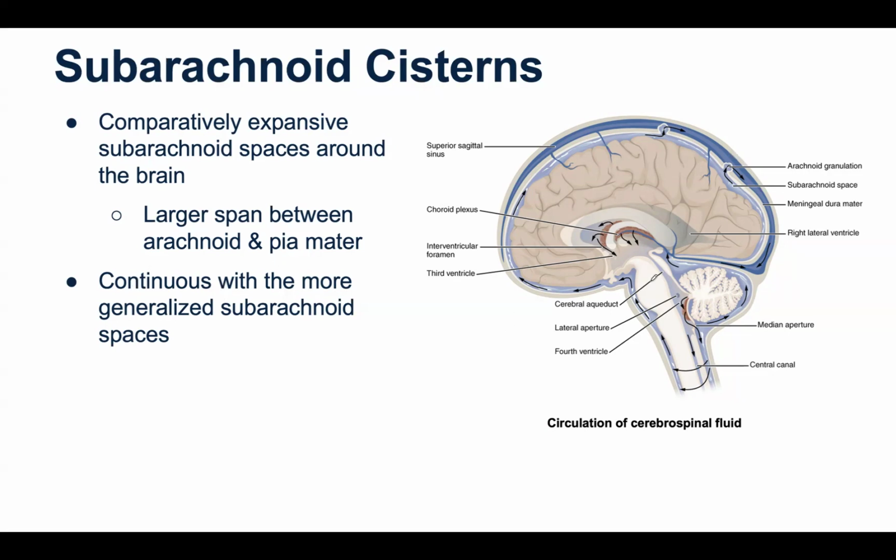And that arachnoid in the cistern regions is going to be more tented over and further away from the pia mater, making a naturally occurring larger subarachnoid space, or a cistern, basically. So again, very much part of the subarachnoid space. It's continuous with the more generalized subarachnoid space, and that subarachnoid space in general will surround the entirety of the central nervous system, including the spinal cord, so not just the brain.